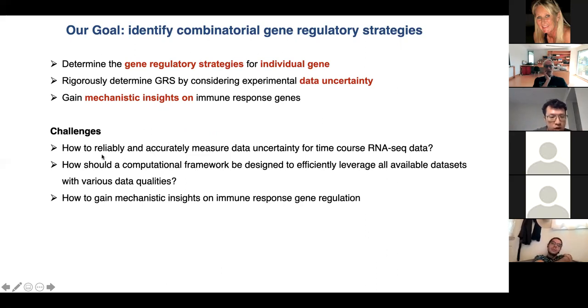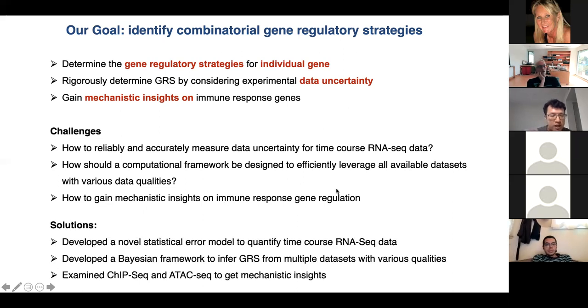We didn't know how to reliably and accurately measure data uncertainty for time course RNA-seq data, and we were not sure how a computational framework should be designed to efficiently leverage all available data sets with various data quality. At the beginning, we understood less; now we understand more about how to gain mechanistic insights into immune response gene regulation.